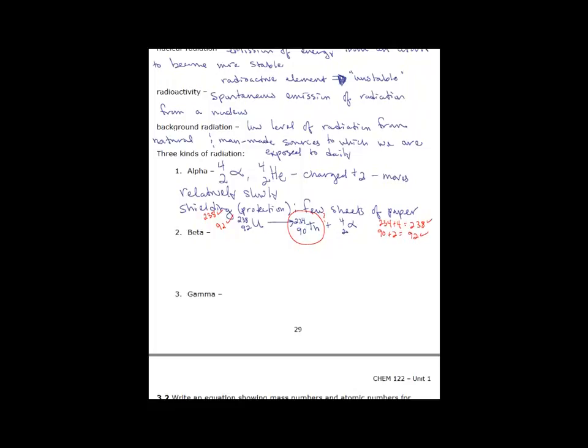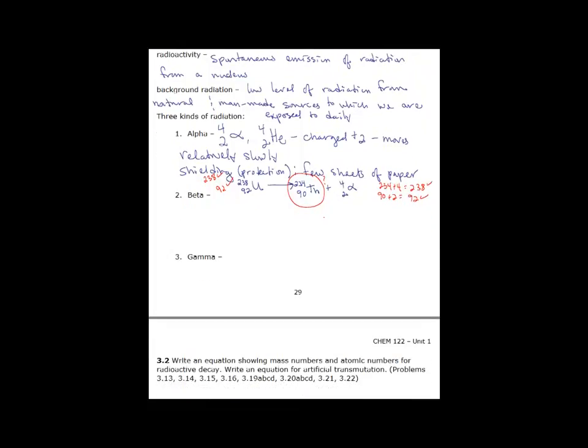Okay, so that's alpha radiation. That's the lowest energy form of radiation that we're going to learn about. The next type of radiation is higher in energy, so you're going to need more shielding, which we'll see in just a second. So beta, the symbol for beta is 0, -1, and it's a Greek symbol for beta.